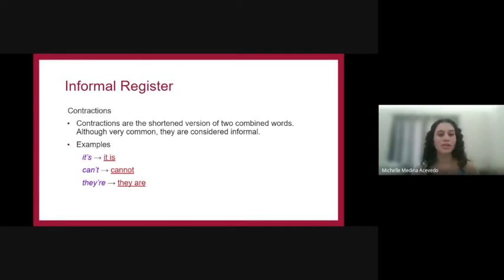For example, instead of writing it's, we would write it is. Instead of writing can't, we would write cannot. Instead of writing they're, we would write they are. So always use the full form. And always means consistently. So if you start writing in full form, don't change back to contractions and then back to full form. Always use full form.